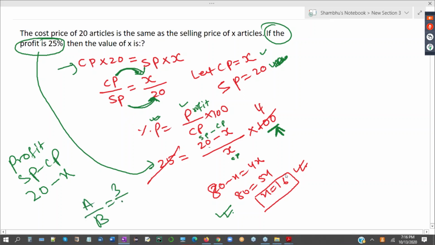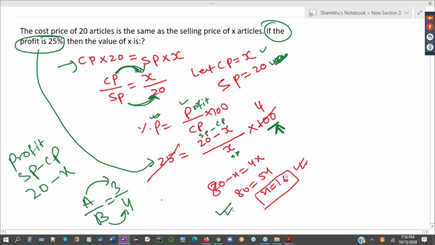If A is to B, I write 3 by 4. The numerator is for A, the denominator is for B. It is not that A is for 4 and B is for 3. So percent profit is profit by CP into 100 and we just got it. Yes, 20 minus X multiplied with 4, 25 into 4 is 100.